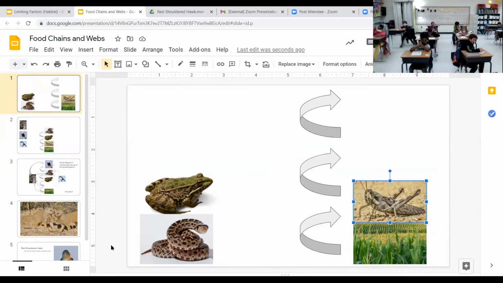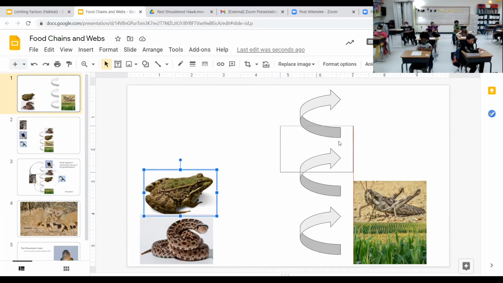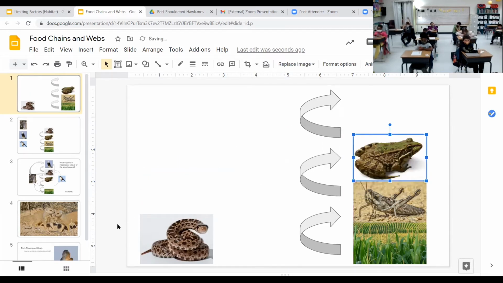All right, who thinks they know what's next? I see in the pink coat, someone's raising their hand. Did you say the frog? Yes. All right, perfect. So that's our first level carnivore, right? So that's kind of our secondary consumer. Frogs oftentimes eat insects once they come on land and consume a lot of insects.